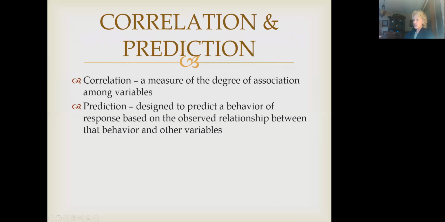Correlation and prediction. So correlation is a measure of the degree of association among variables. Prediction, on the other hand, is designed to predict a behavior or response based on the observed relationship between that behavior and other variables.